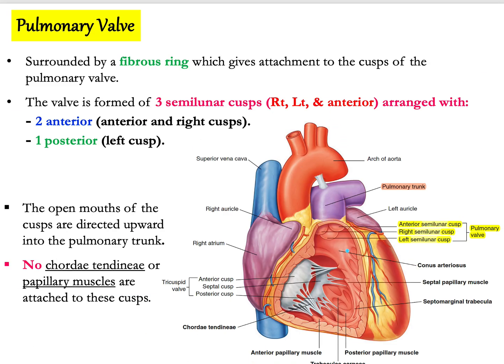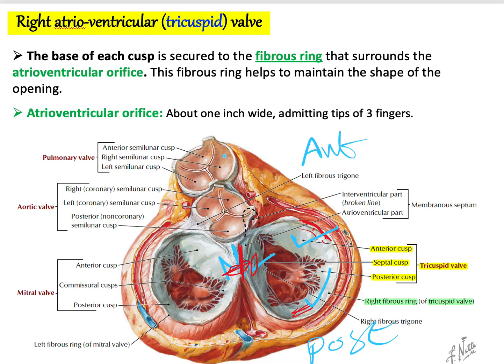So let us start with the pulmonary valve. When you look at it here, this is the pulmonary valve.